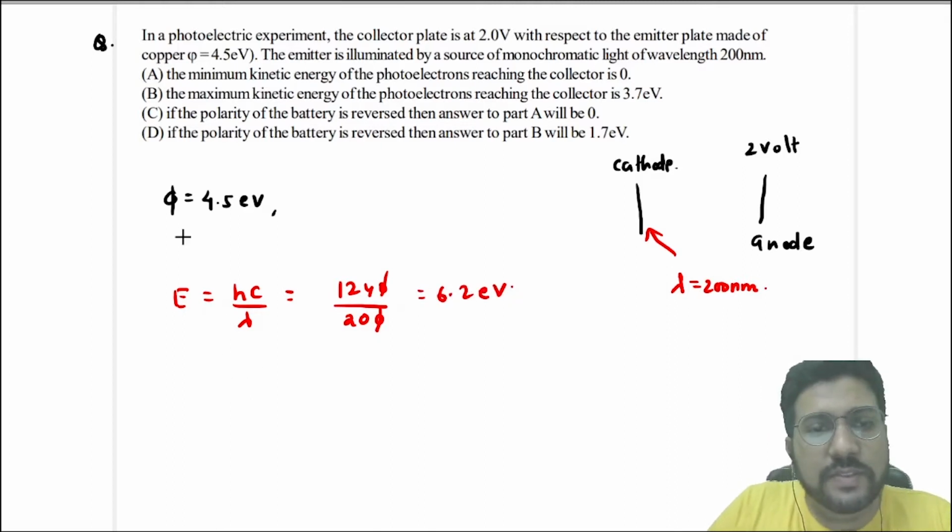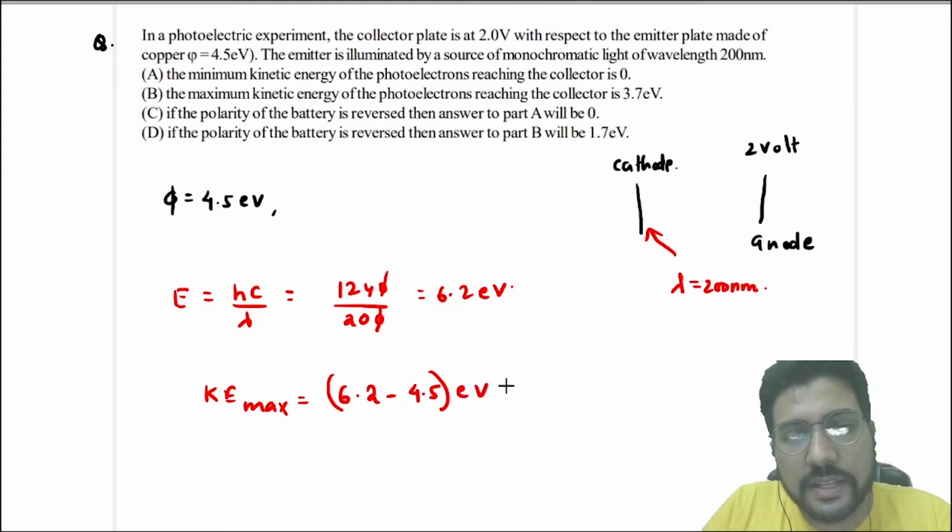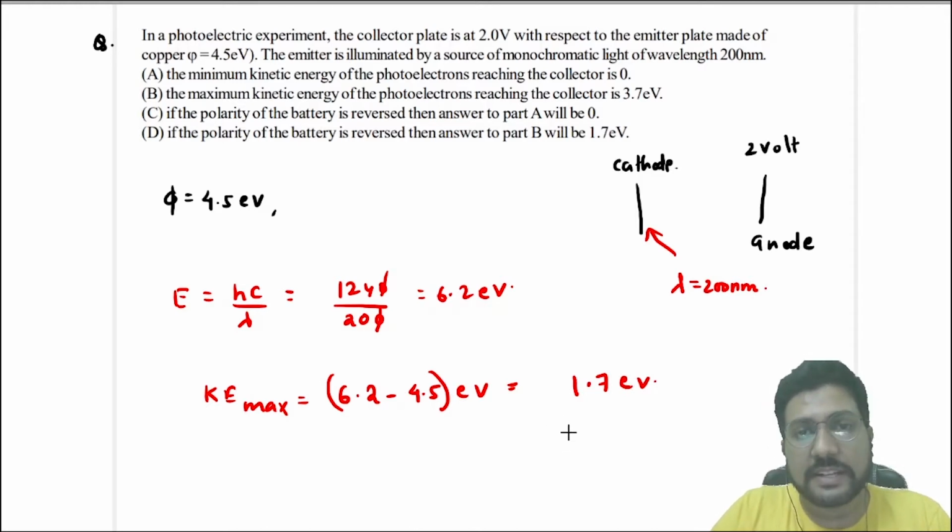So from this you will get the Ke max from Einstein's photoelectric effect equation. Ke max is equal to 6.2 minus 4.5 electron volt, and that will come out to be 1.7 electron volt. So this is the maximum kinetic energy.